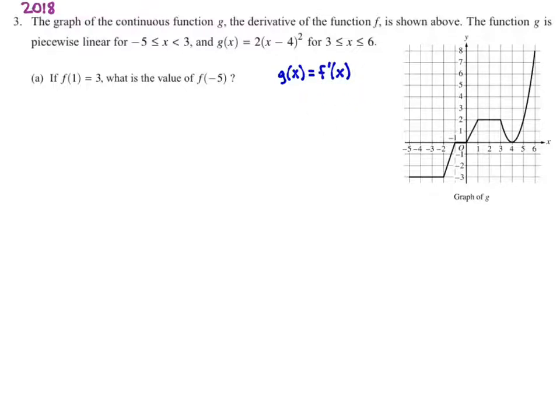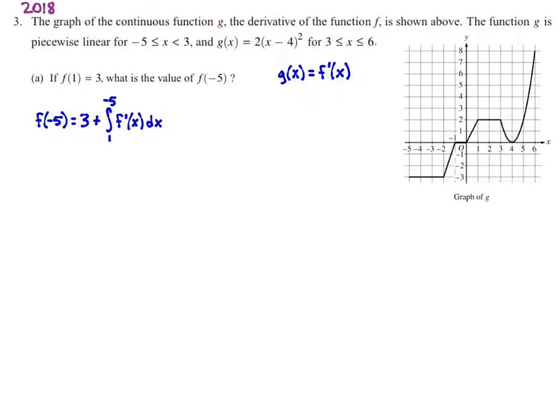Well, remember the value of a function is equal to the initial condition, and in this case the initial condition is 3, plus the integral from the x value of the initial condition to the x value that we want of f prime of x. So we can say f of -5 is equal to 3 plus the integral from 1 to -5 of f prime of x dx.